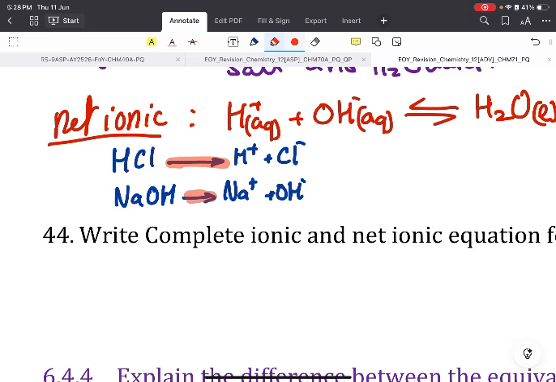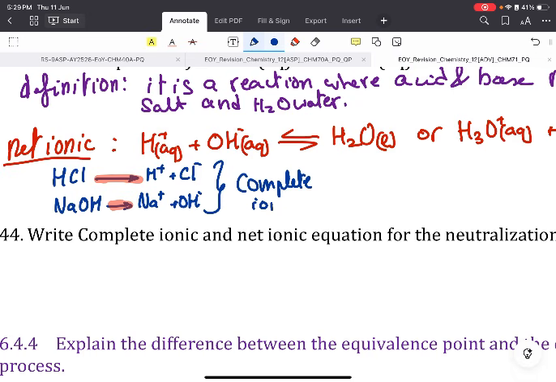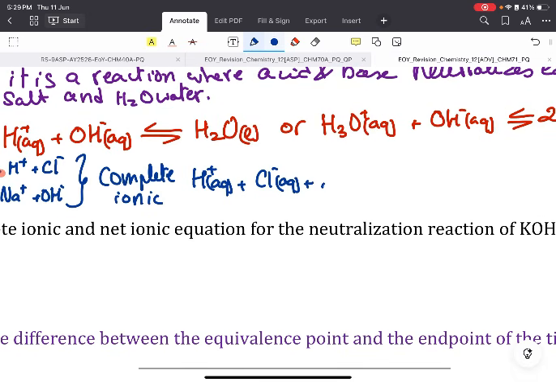Of course, I'm using this type of arrow because HCl and NaOH are both strong. So when they ask me to write the complete ionic, I'm gonna take those and add them together. So I'm gonna take H plus and Cl minus and Na plus and OH minus.